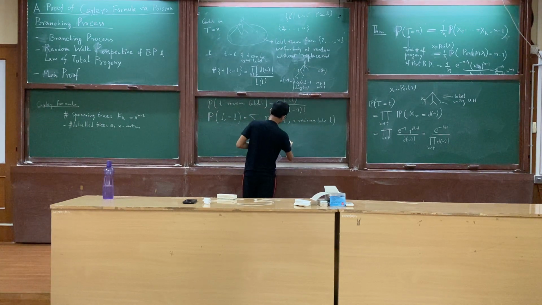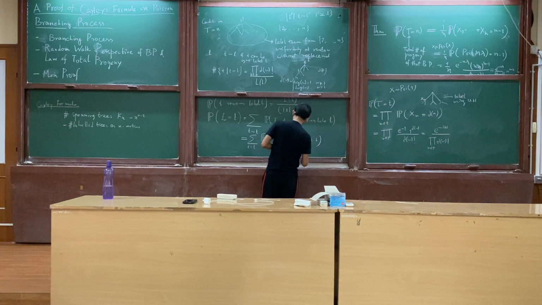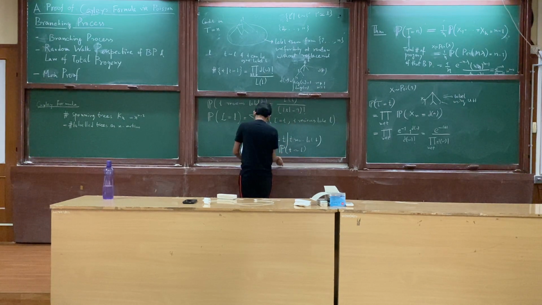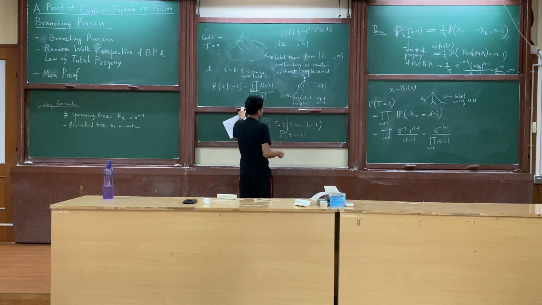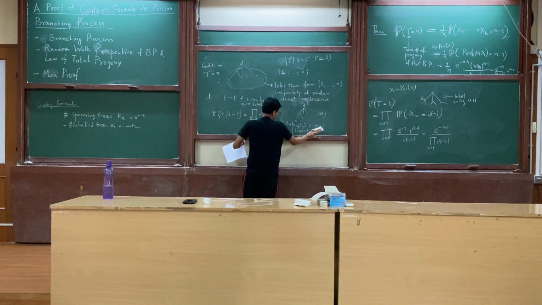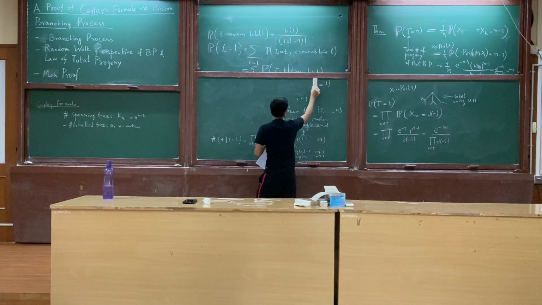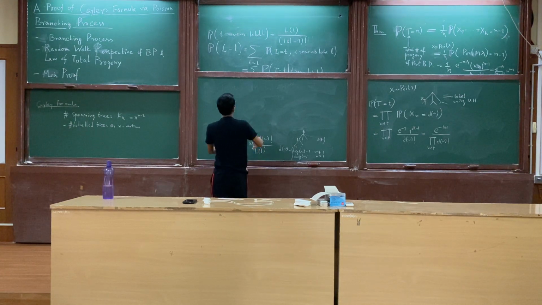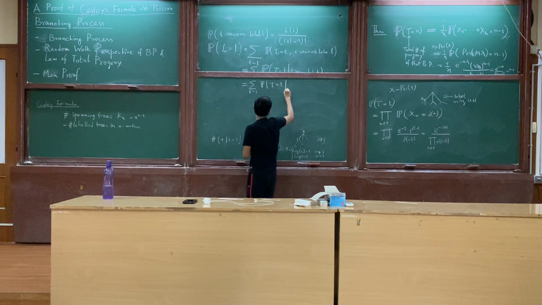Let's decompose it. Given T receives label L, times the probability that T receives label L. I am writing again because it is not visible.